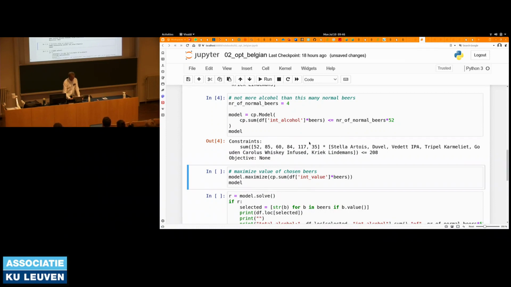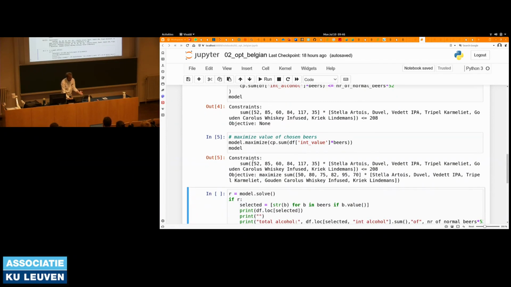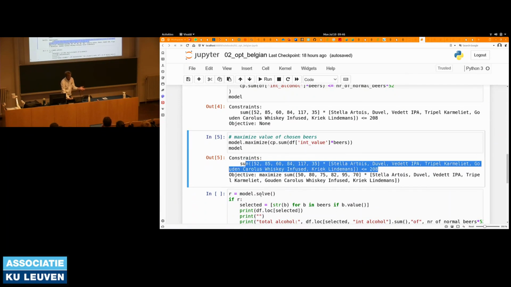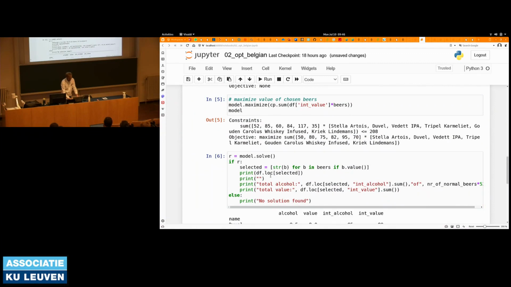Yes, all right. Now the objective: we want to maximize the sum of the column of those integer values together with the decision variables of the beers. And then we have our complete model, with 1 constraint and 1 objective. And then we solve it.